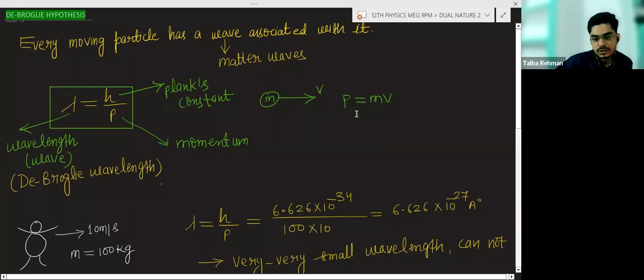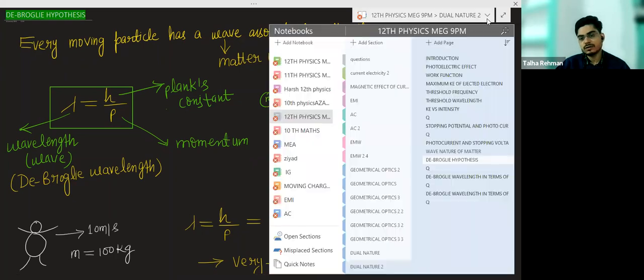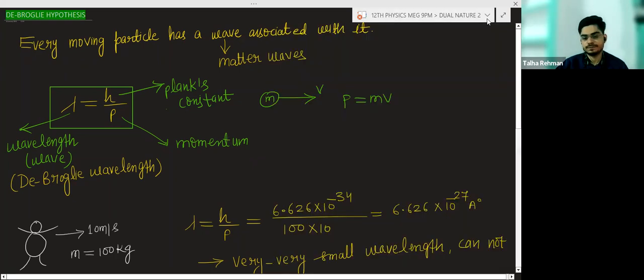After this, we will derive the expression of the de Broglie wavelength in terms of the kinetic energy.